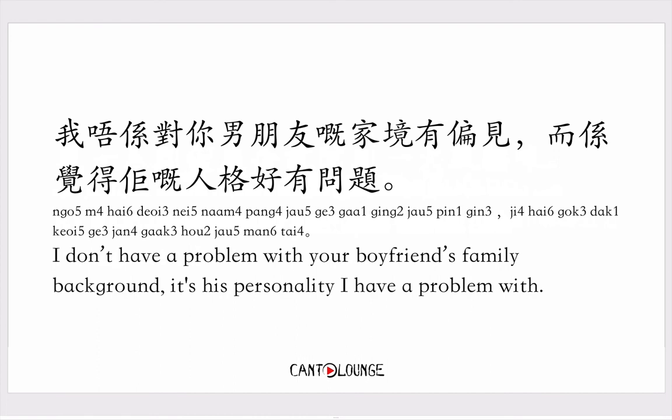So she might be saying 我唔係對你男朋友嘅家境有偏見，而係覺得佢嘅人格好有問題。So 我唔係, I am not 對你男朋友嘅家境, about your boyfriend's family background 有偏見, to have bias. So I'm not biased against your boyfriend's family background. 而係覺得, instead I think that 佢嘅人格, his personality or he 好有問題, is problematic.